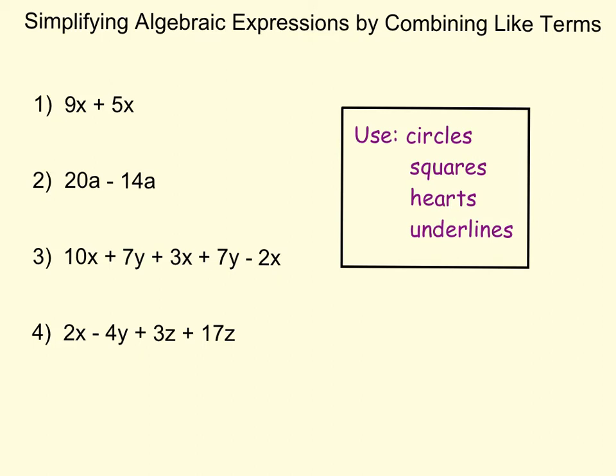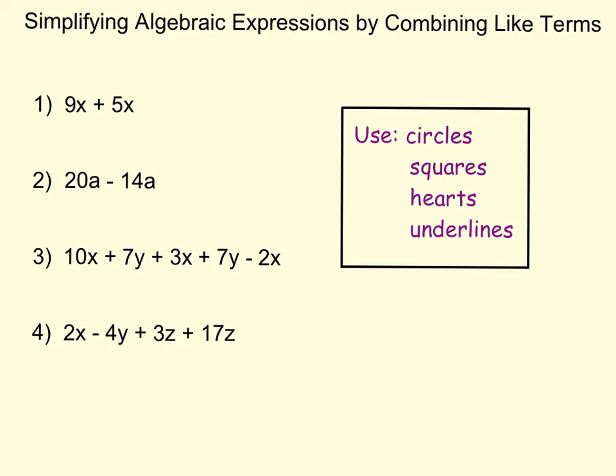Alright, so now let's go ahead and start simplifying algebraic expressions by doing what we call combining like terms. Now, I like to use circles, squares, hearts, underlines. You can use different color highlighters to do this part. But what we want to do is look at an expression and then combine all of the terms that are considered like terms. So for example, in number 1, we have 9x plus 5x.